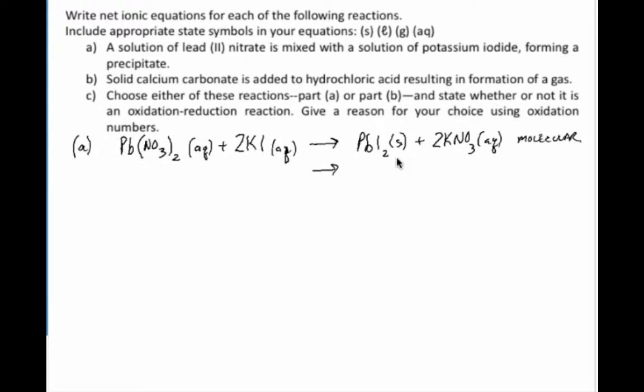So the net ionic equation now becomes Pb2+ aqueous plus 2I- aqueous goes to PbI2 solid. This is the net ionic equation.